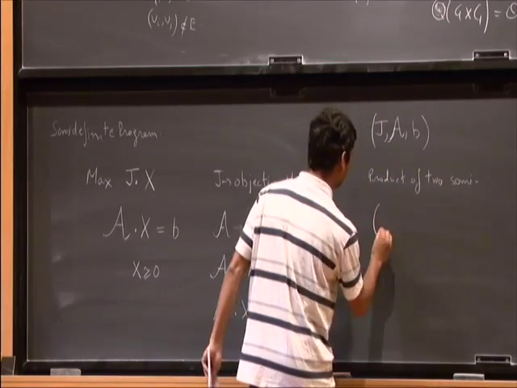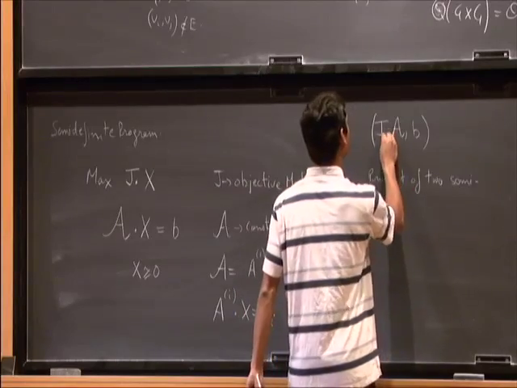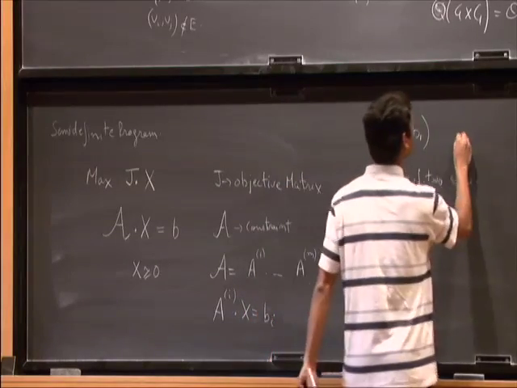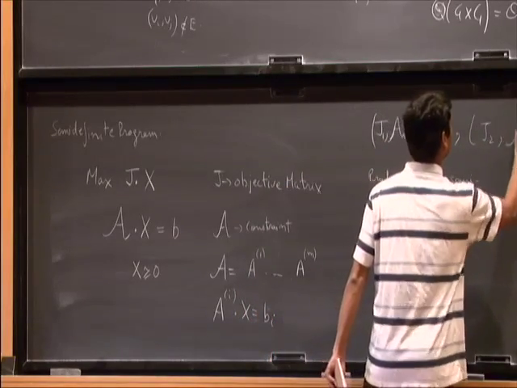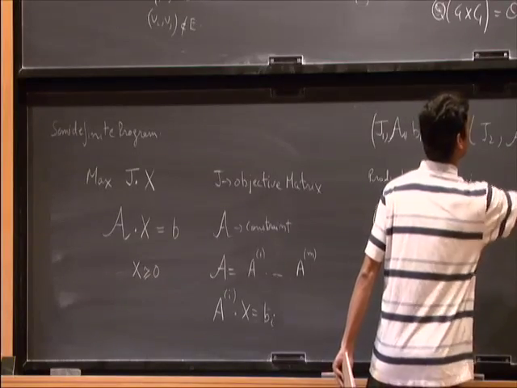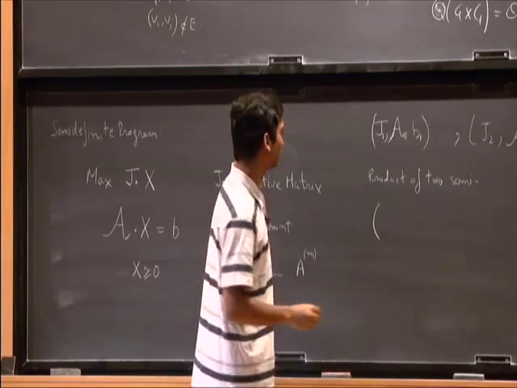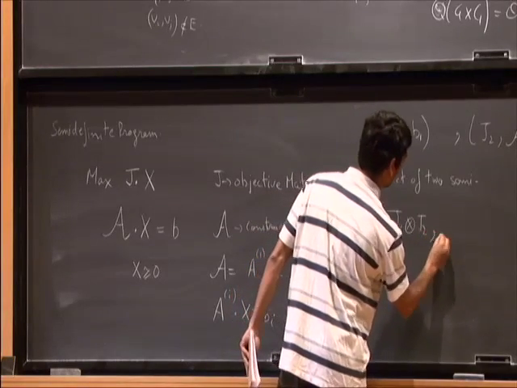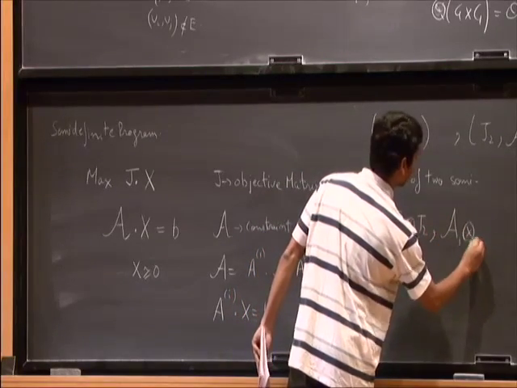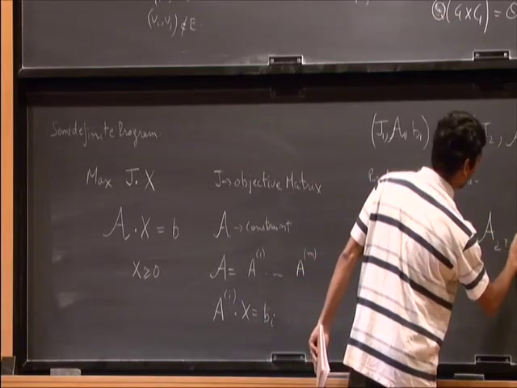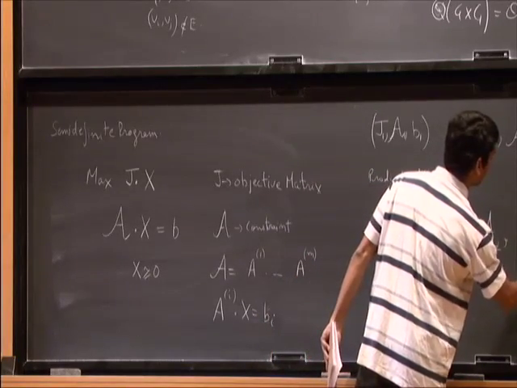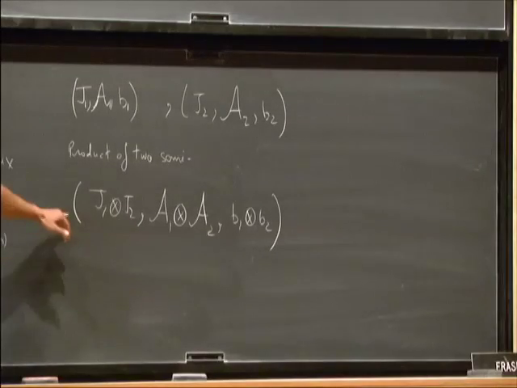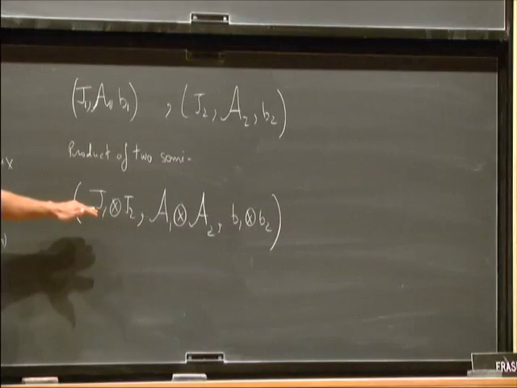Suppose there are two instances, J1, A1, B1, and J2, A2, B2. Okay, and the product of two semi-definite instances is, so this defines a new semi-definite program.